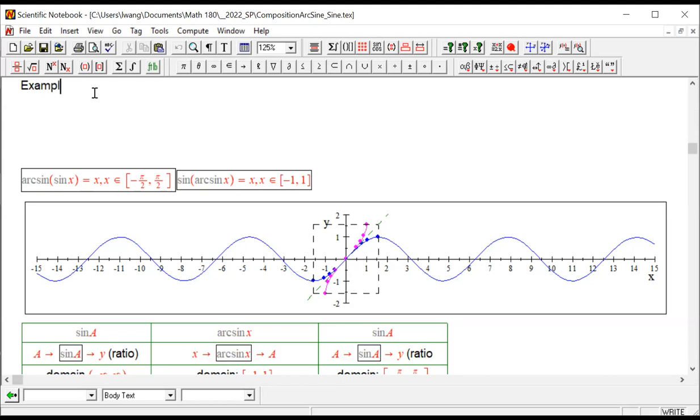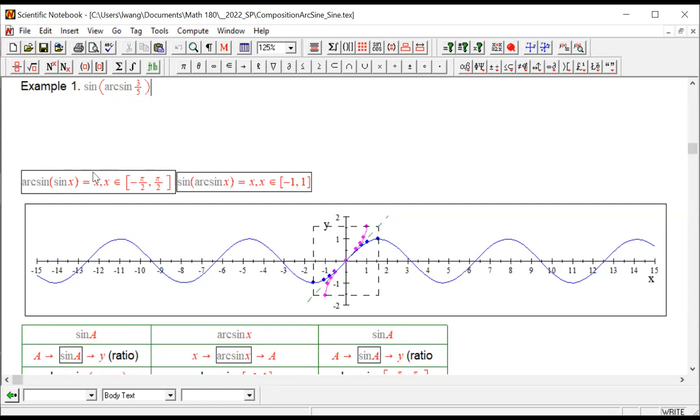The first example we have here. Example number 1. We've got sine of arc sine of 3/5.